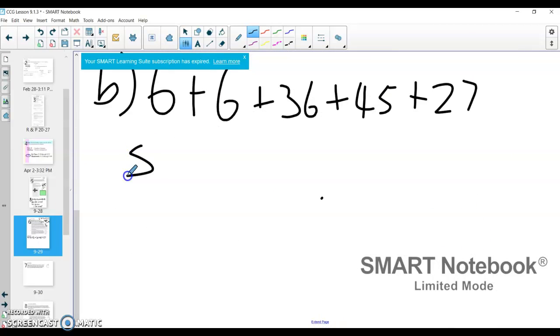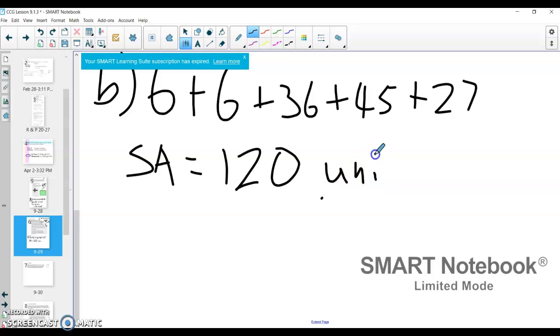If I add this up, I have my surface area, because I have the area of all my shapes. I'm going to bring up my calculator to do this. 6 plus 6 is 12. 12 plus 36 is 48. Plus 45 is 93. Plus 27 gives me a surface area of 120 units squared.